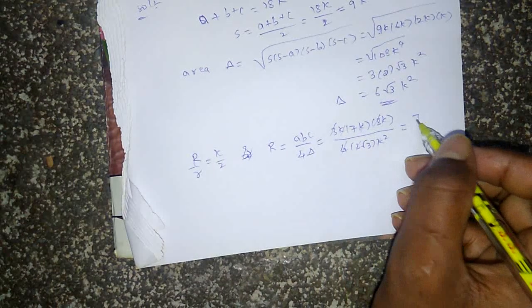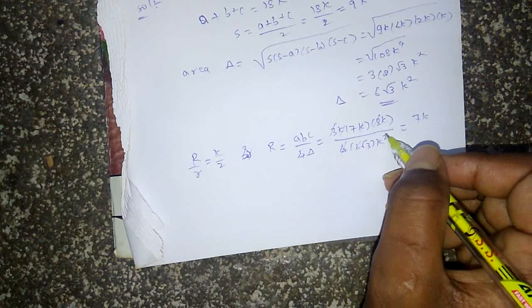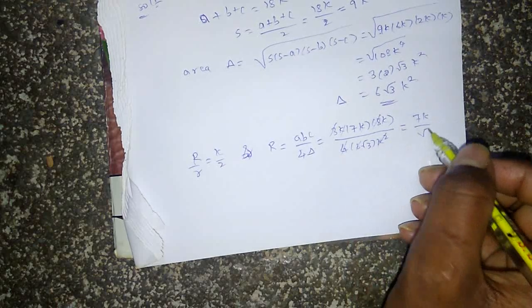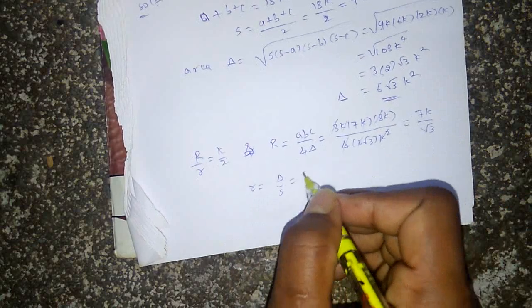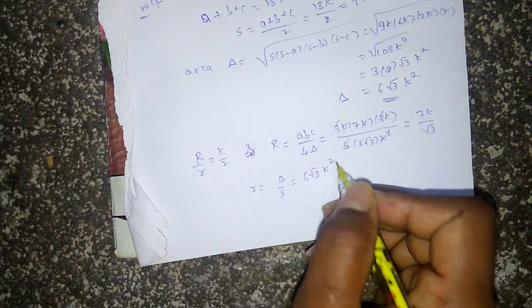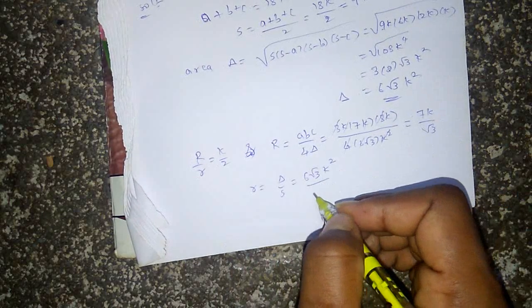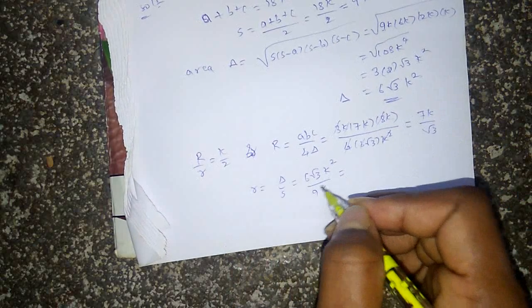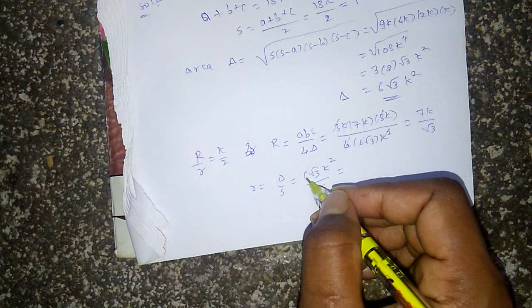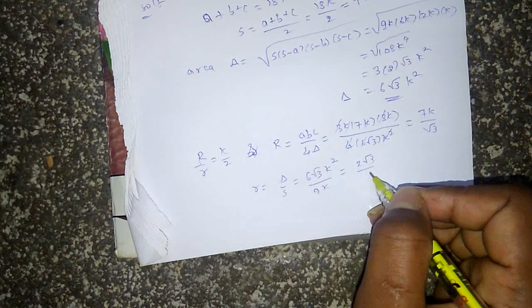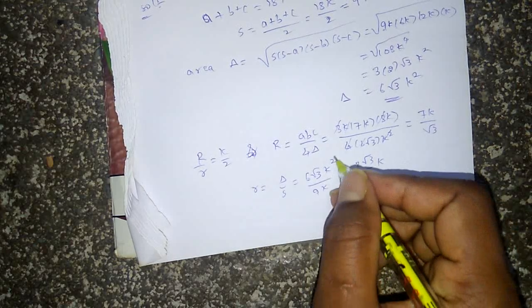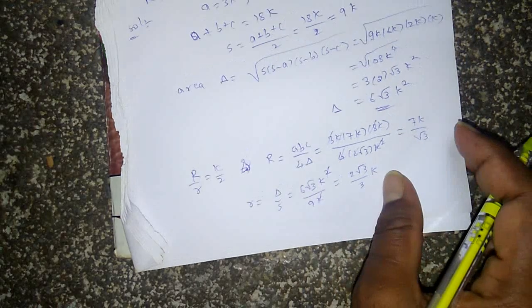This is 7k/root 3. And small r = Δ/s, that is 6 root 3 k²/9k. Here 2 3s are 6, 3 3s are 9, that is 2 root 3/3, and one k also gets cancelled.